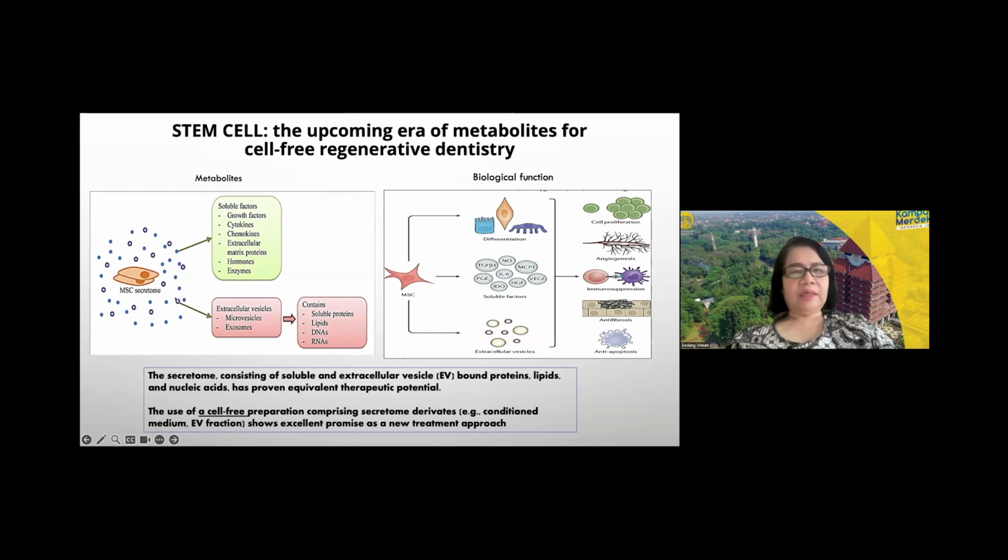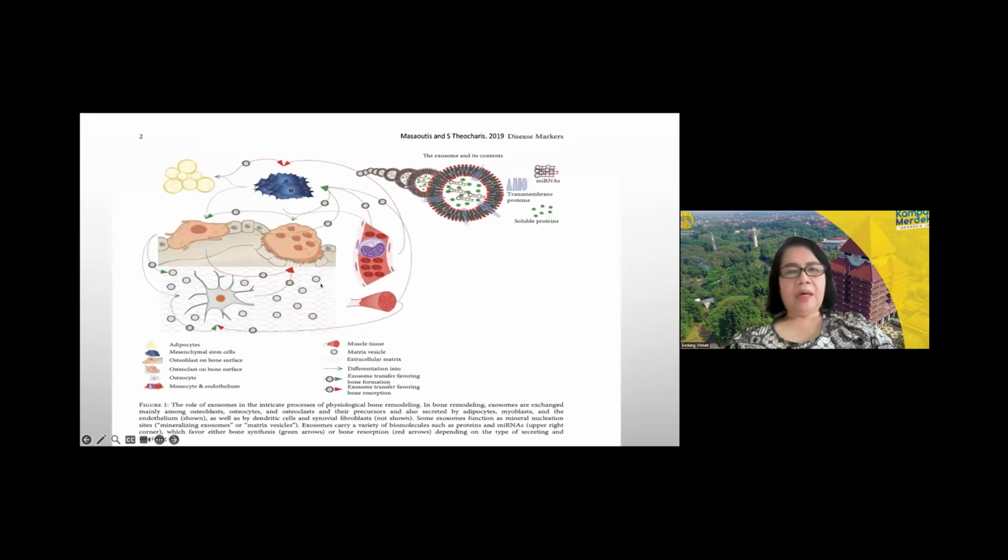Another important supramolecule here is the extracellular vesicle, which contains microvesicles and exosomes. After we isolate the exosome, we can have supramolecules like RNA, DNA, lipid, and soluble protein.